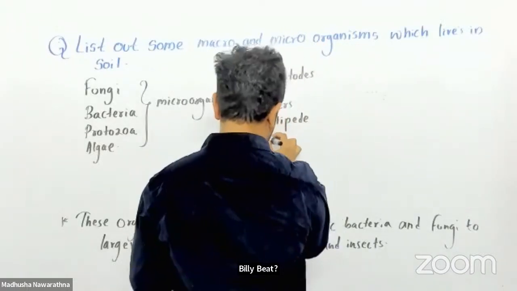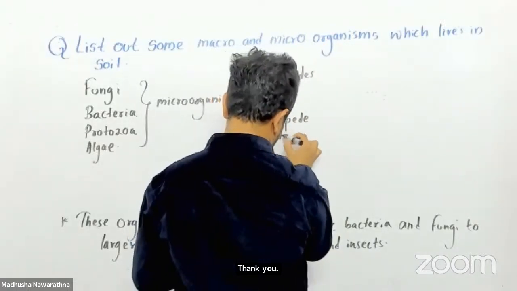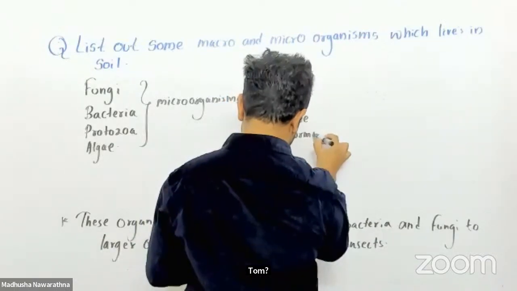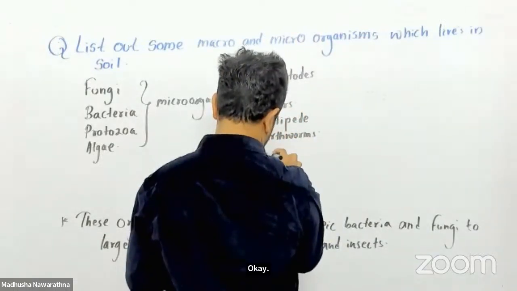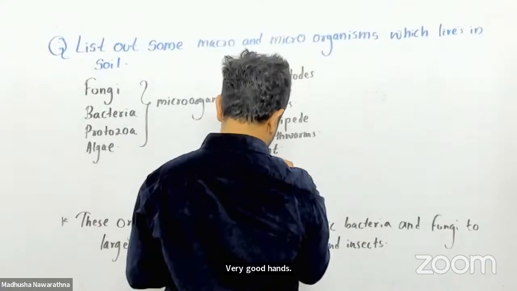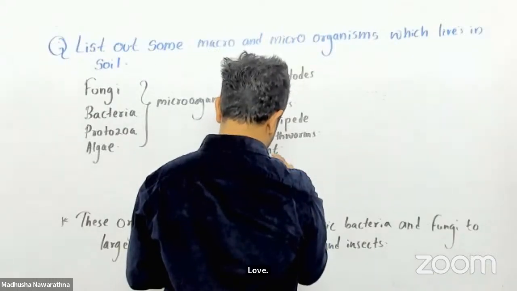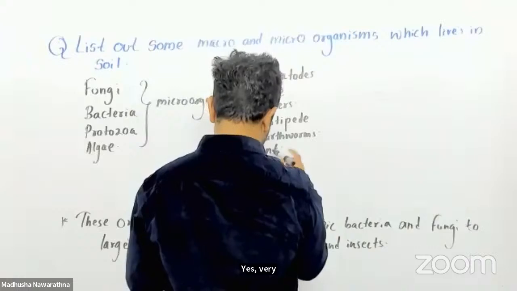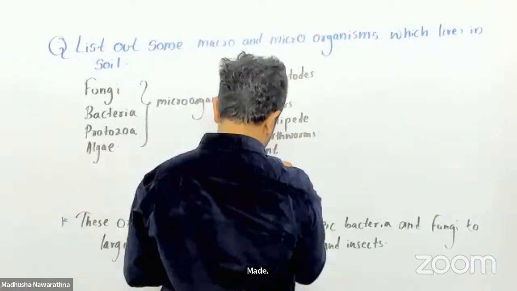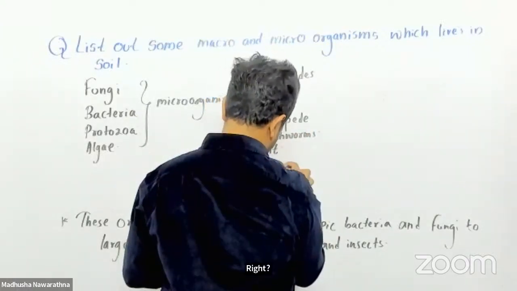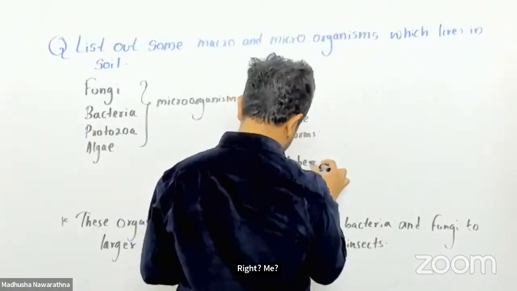Earthworms. Slug. Very good. Ants. Spiders. Beetles. Ground beetles. Slugs.